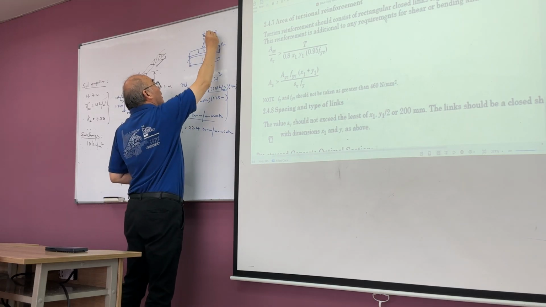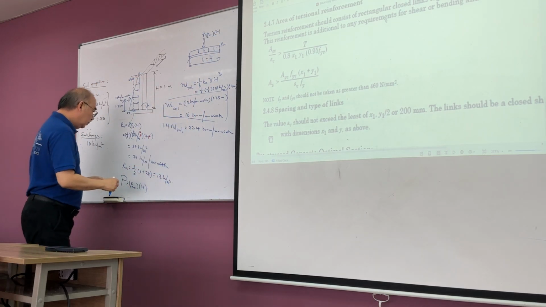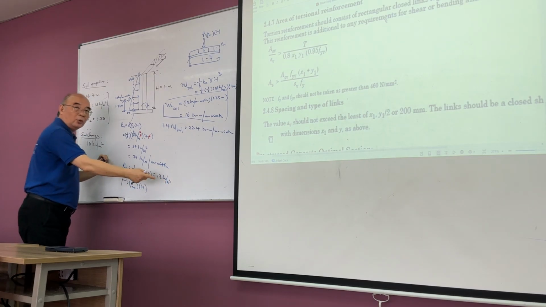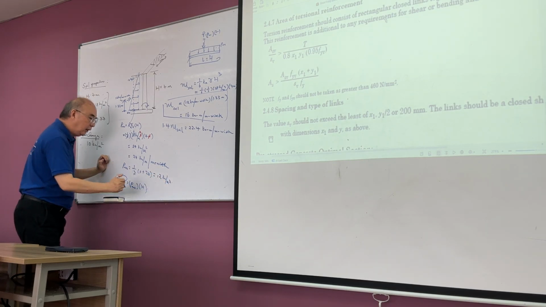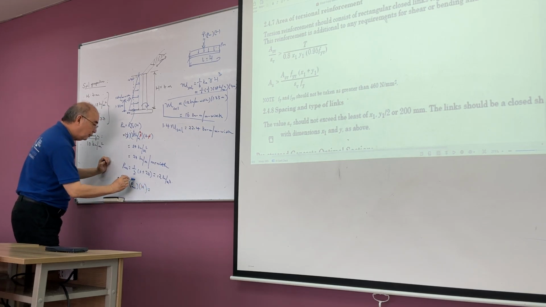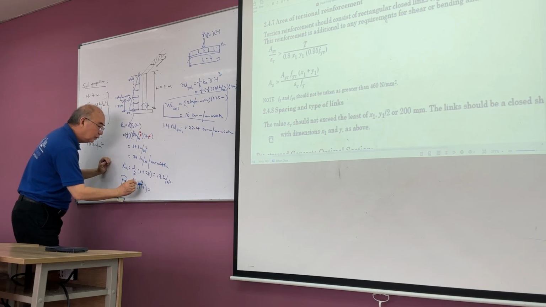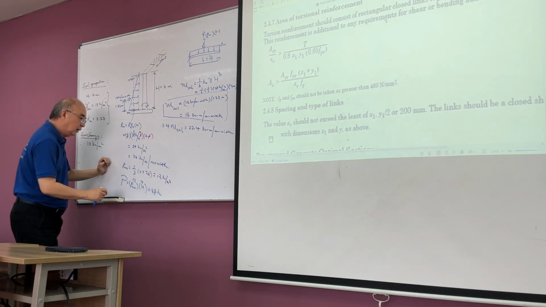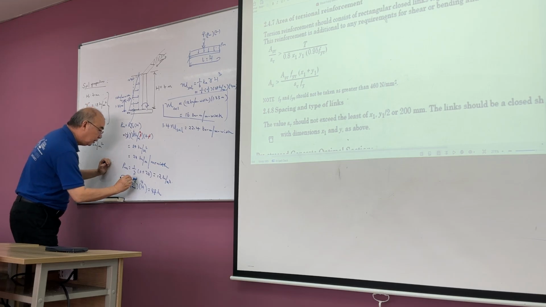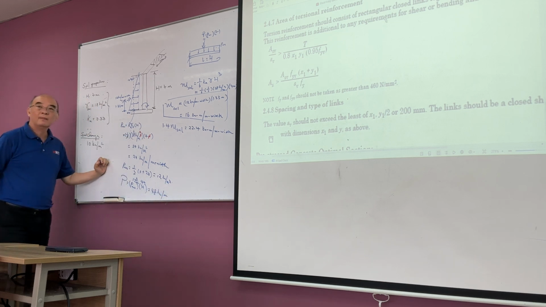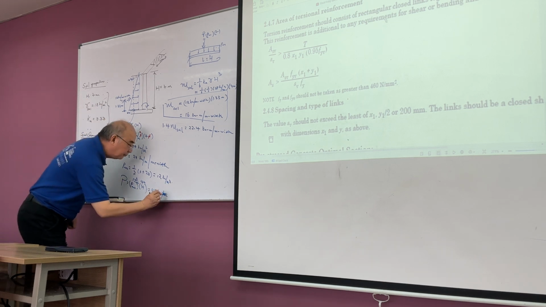So multiplied by another H. So 12 kilonewton per meter square multiplied by another H is equal to, this is 12, this is 4, so 48 kilonewton. Okay, because this is 12 kilonewton per meter square, this is meter, so this is per meter. 48 kilonewton per meter width.